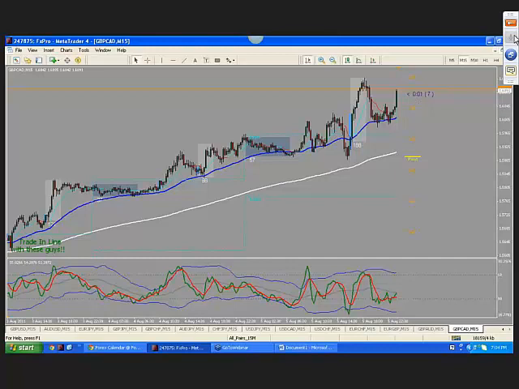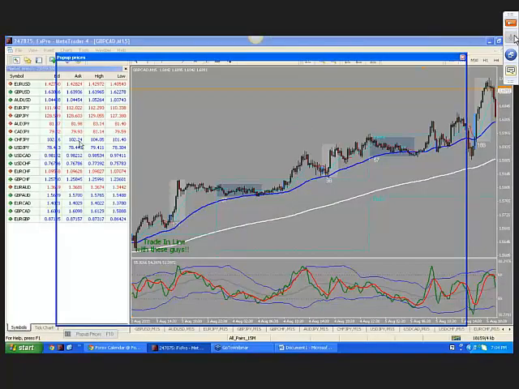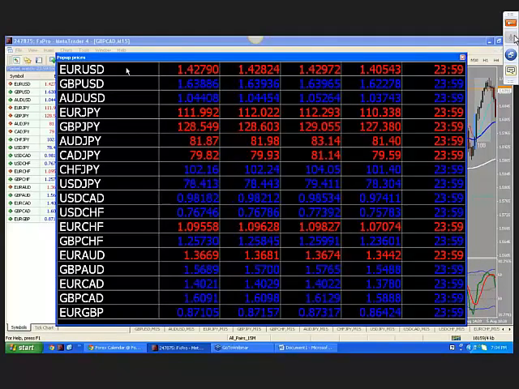David, about 10. Here, I'll show you exactly which ones I watch. Not all of these. So Euro Pound Aussie, and it's set up grouped logically, so you know, here are the majors, here are the yens, here are the crosses, here are the Swiss, here are the CADs. So you can be watching, all right, the CADs are getting worked on the bottom, the majors are getting worked on the top, the yens are getting worked in the middle.